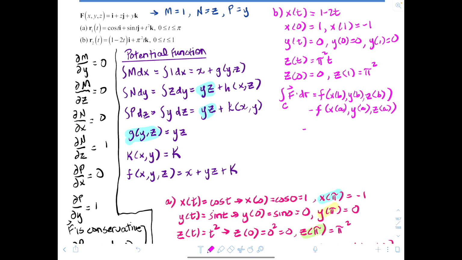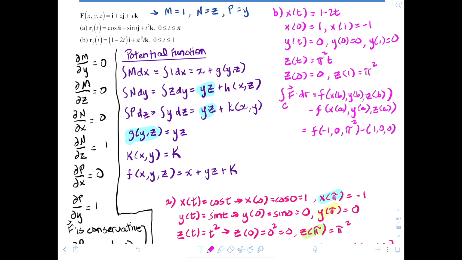So x at b, that would be x at 1, so that would be f at negative 1, y at b is 0, and z at 1 was pi squared, and then minus the lower limit, x at 0 was 1, y at 0 was 0, and z at 0 was 0, so 1, 0, 0.